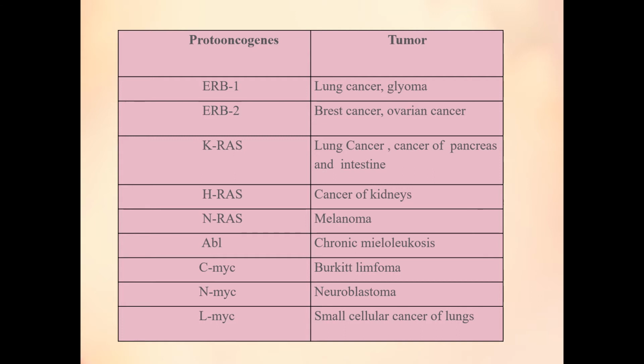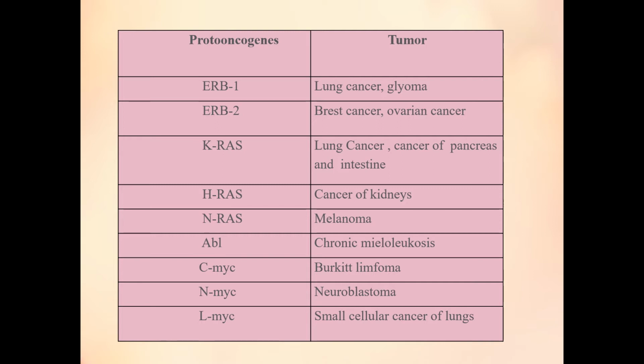You see here the proto-oncogenes ERBB1, ERBB2; their mutation is linked to lung cancer, breast cancer, ovarian cancer, and KRAS, NRAS, for example, cancer of the kidney.